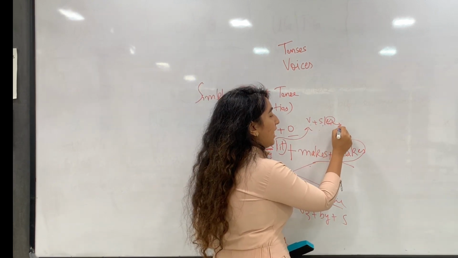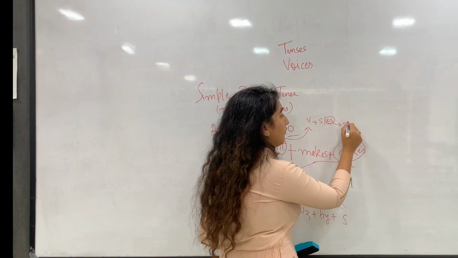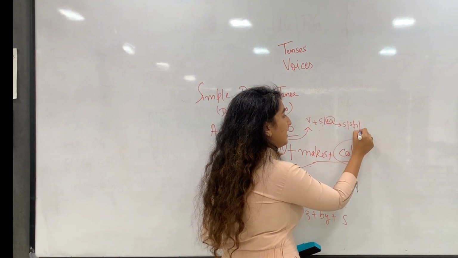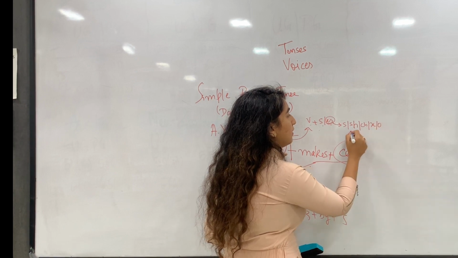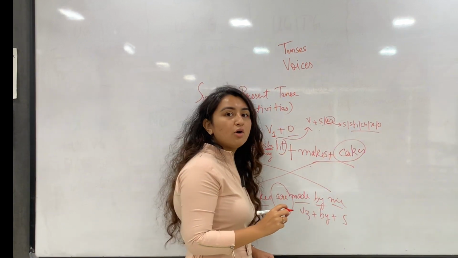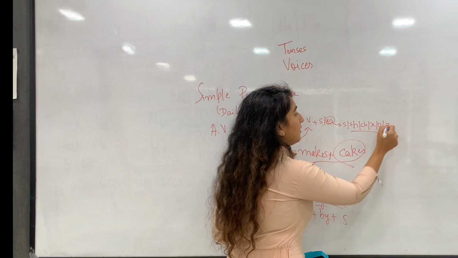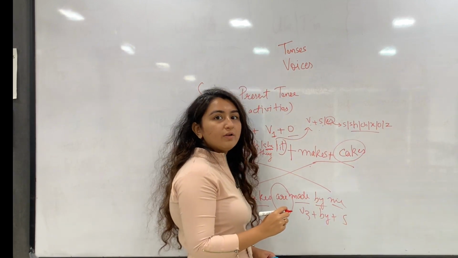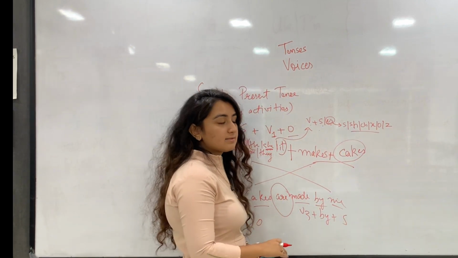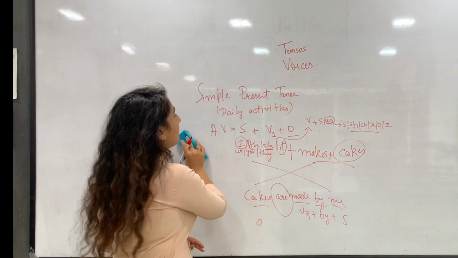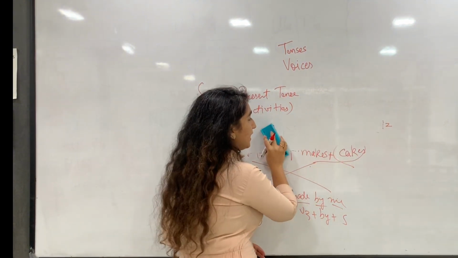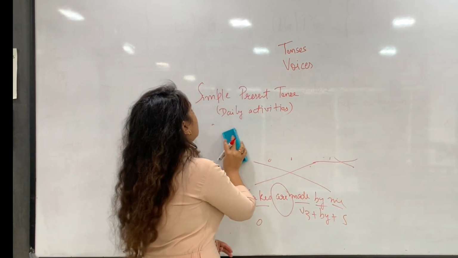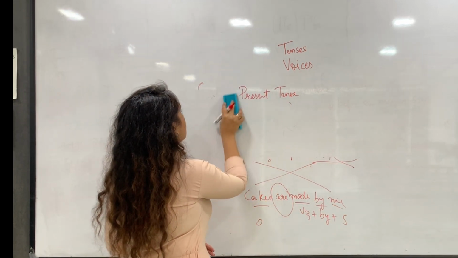When es would come: when your verb ends in s, sh, ch, x, o, and z, then your verb will have es and not s. I hope present simple tense is clear. I will quickly move so that we can cover all the things and not take much time.